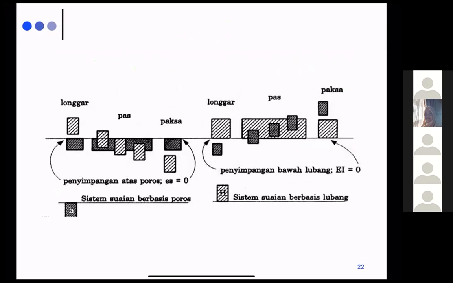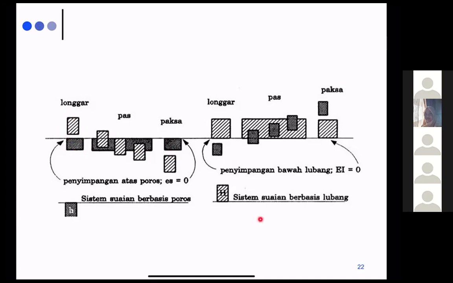When we have a hole-based system, we determine the hole first, and then we make the shaft based on that, whether it would be a clearance fit, transition fit, or interference fit.